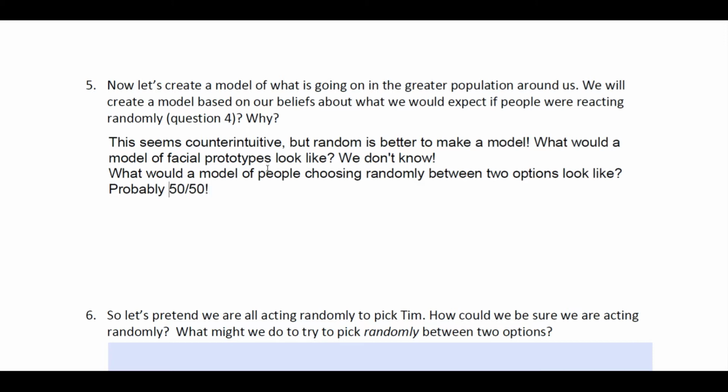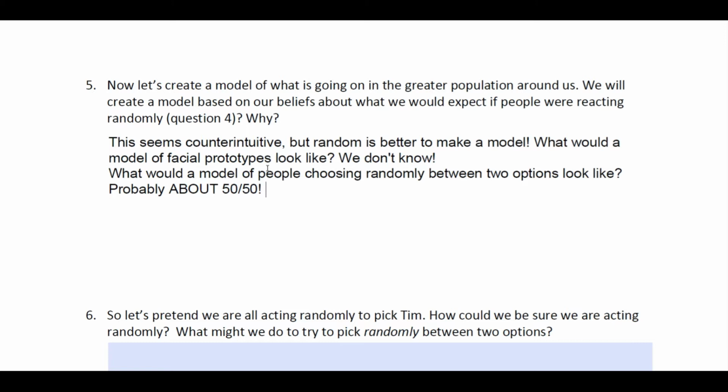Again, about 50-50, right? It's not always going to be exactly, but we know if everyone's choosing randomly and we ask enough people, it should settle somewhere around 50% left and about 50% right. So we start with what we know, what we can figure out without guessing. And without guessing, we can figure out what a model of random looks like.